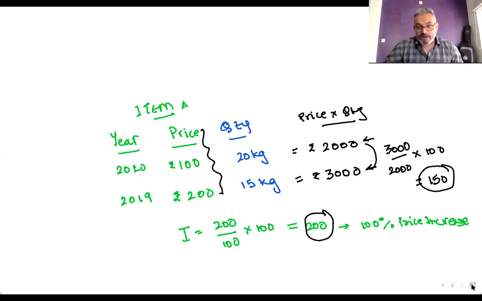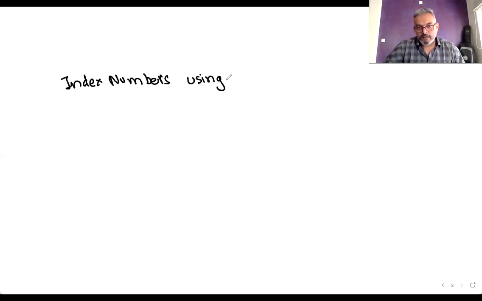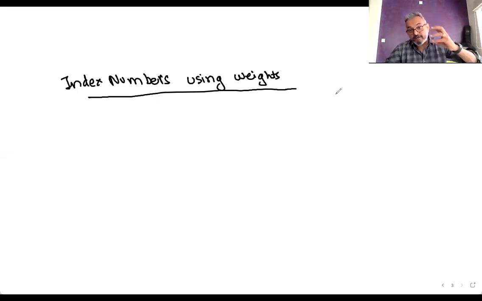So let's write the next index number. I write the heading: index number using weights. Now, using weights means what? Weights means importance, not physical weight like lifting dumbbells in a gym.